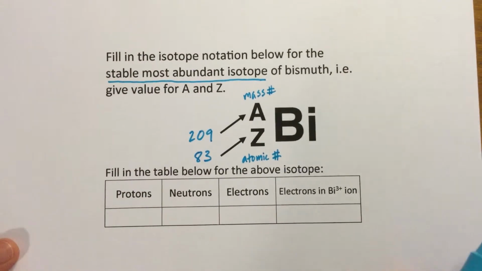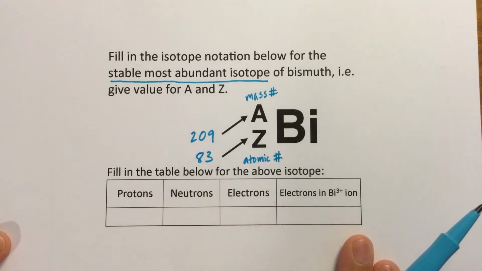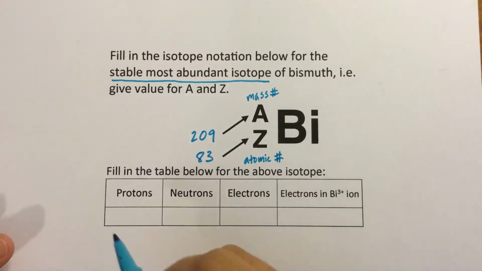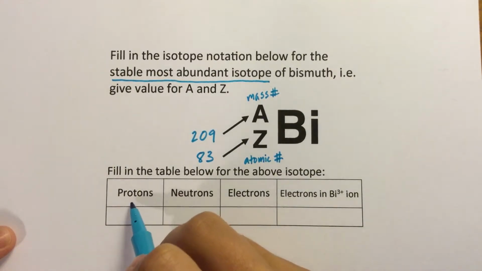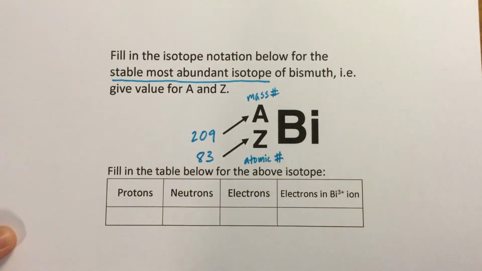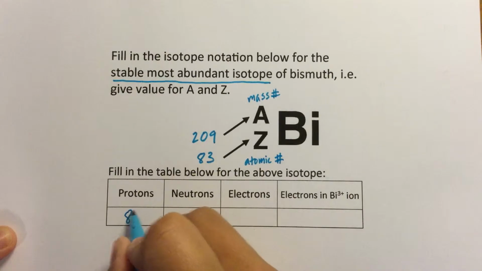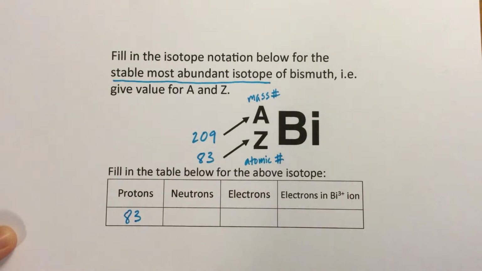The second part is filling in the table below for the isotope that you just determined. Again, this is a review of chemical symbols, so it should be pretty easy. You just have to remember the little tricks. For example, the number of protons is the same as which number? The atomic number. The atomic number always tells you the number of protons. It will always, always, always be the same.